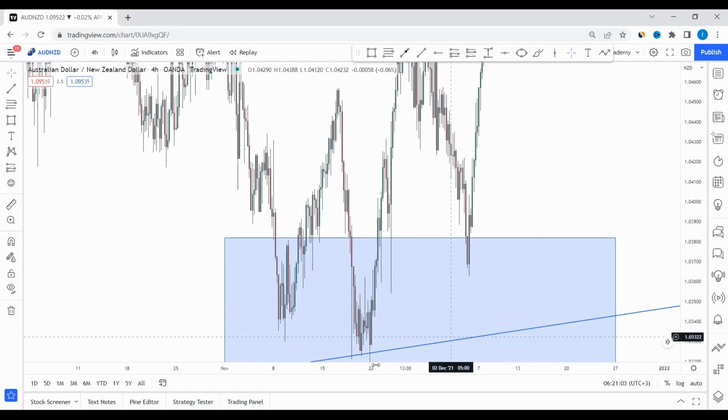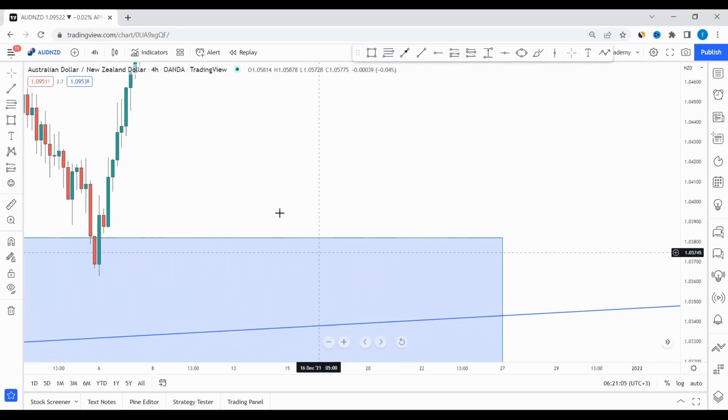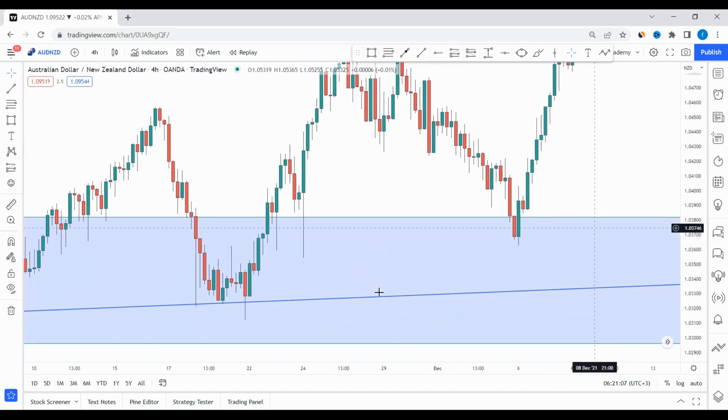When price comes into this area, we have to look out for our rules here, right? For example, it immediately touches, this one we were a bit lucky, but immediately touches, that means you're supposed to look out for your rules that you use to take confirmations. You're supposed to look out for price action that is indicating that price is no longer selling, but it's now changed and it's going to start buying.